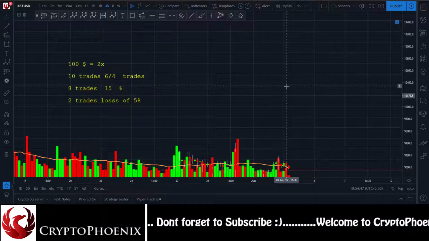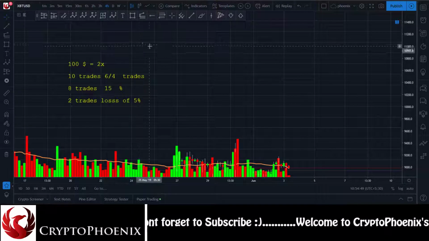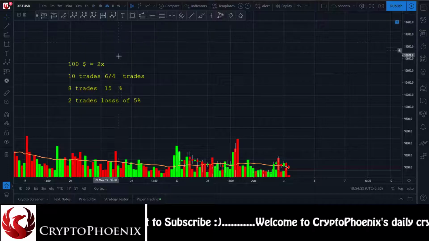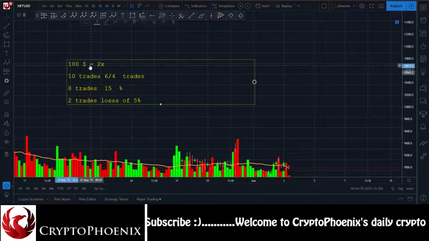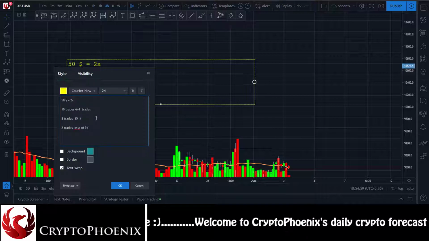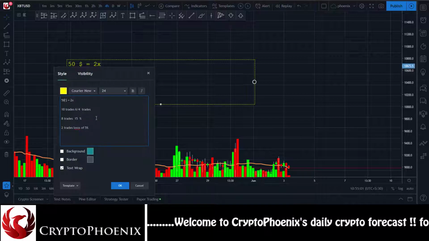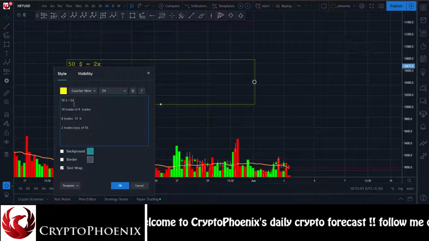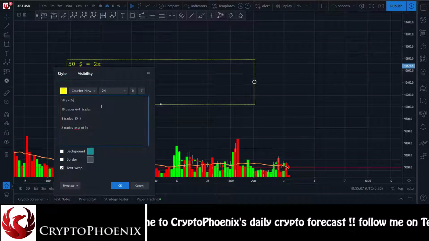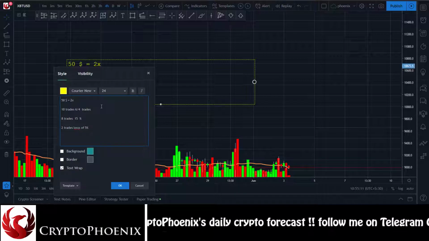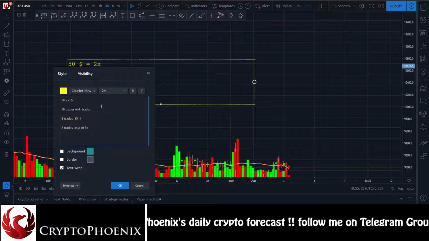So now in this situation, you will use whatever amount you have by dividing into 2 parts, that's $50. So now you will reduce your risk by just entering your position by using $50, and until you make 2 times the $50, you won't use much more amount than you have.